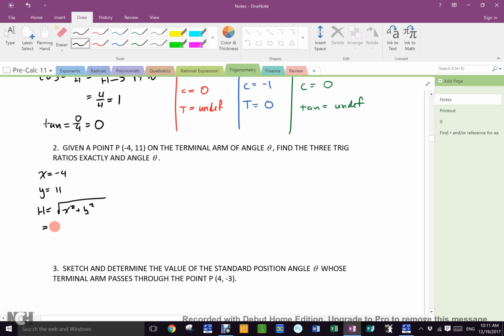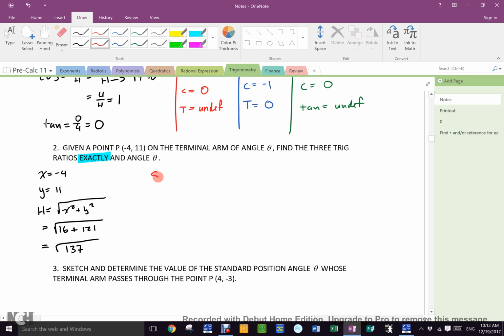What is x squared? 16. What is y squared? 121. So that must be the square root of 137. Agreed? Now, when I say exactly, do we break that down? Do we? No. So now I have a x, a y, and an h.